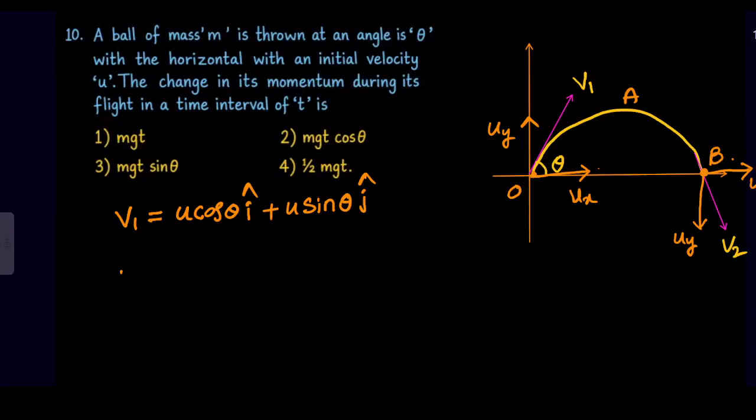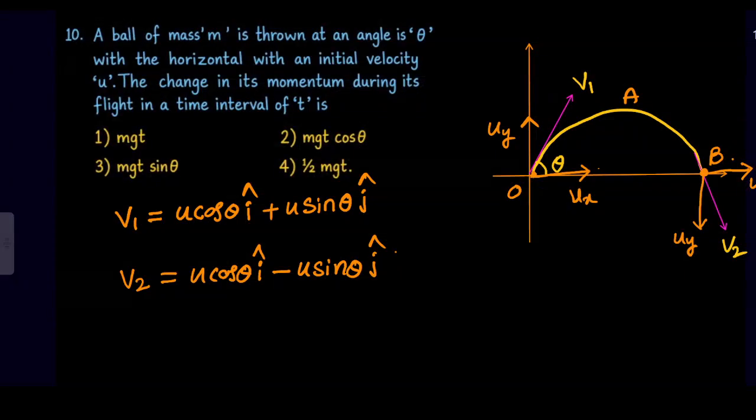So the x direction velocity is the same in both magnitude and direction, and the y direction magnitude is the same but the direction is opposite. So the V2 value will be u cos theta into i cap minus u sin theta into j cap.